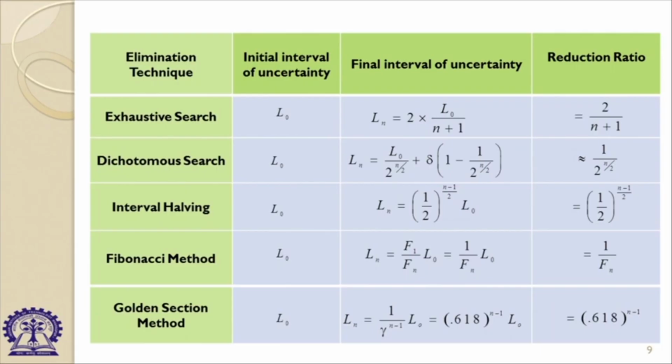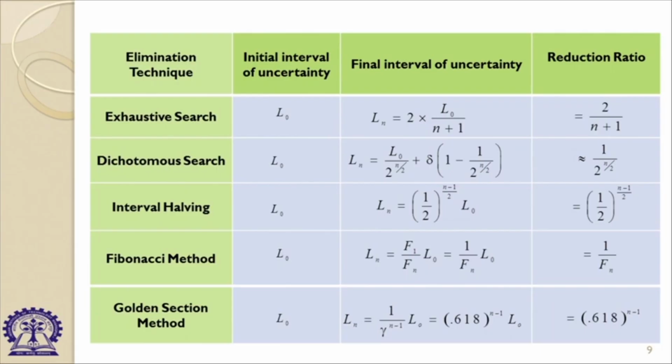For the Fibonacci method, we have seen that ln by L0 is 1 by Fn. We could find it before because we considered ln equal to F1 by Fn into L naught, that is equal to L naught by Fn.